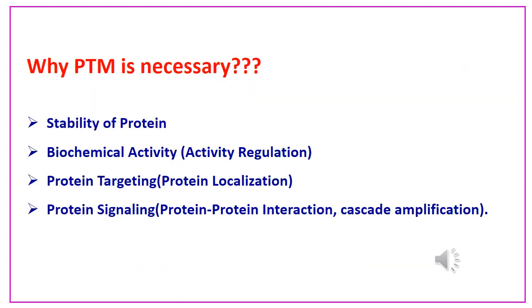Why is post-translational modification necessary? It is necessary for the stability of protein, biochemical activity, protein targeting, and protein signaling. It means protein to protein interaction and cascade amplification.